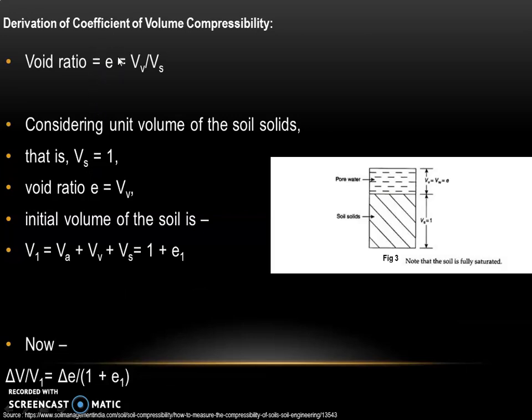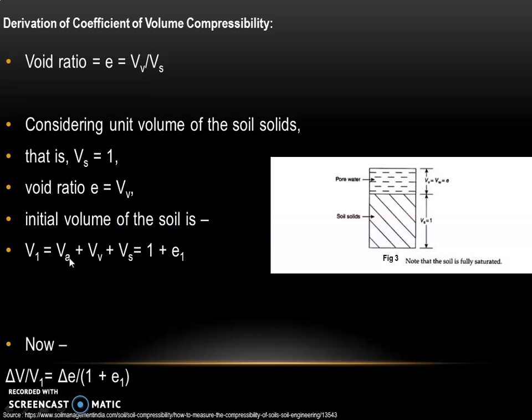We know that voids ratio e is equal to Vv, that is volume of voids, divided by volume of solids. We will consider unit volume of soil solids, so Vs can be written as equal to 1, and void ratio e is equal to volume of voids, that is Vv. And initial volume of the soil is written as V1 equal to volume of air plus volume of voids plus volume of solids.